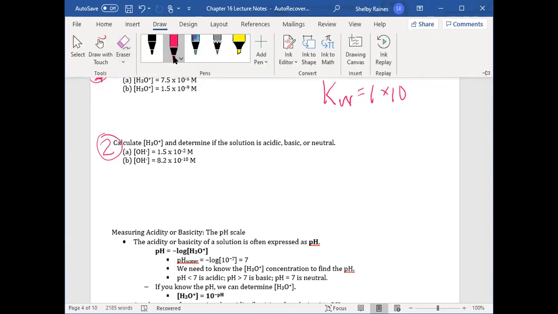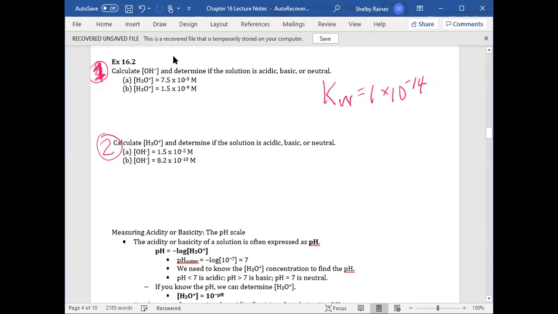All right, Kw is 1 times 10 to the negative 14th. So that I have plenty of room to work, I'm going back to the whiteboard. I'm not going to work all of these because this is a rather simple problem.